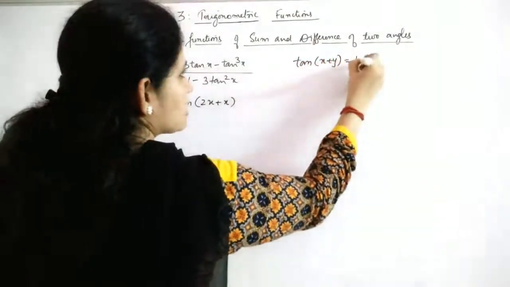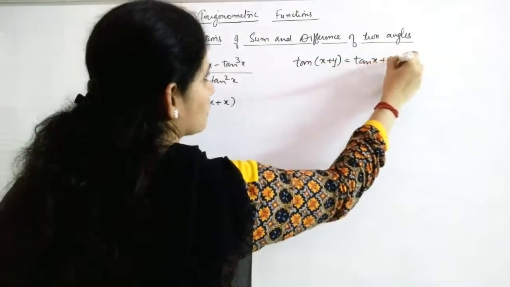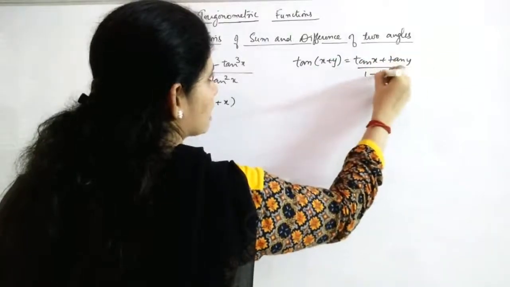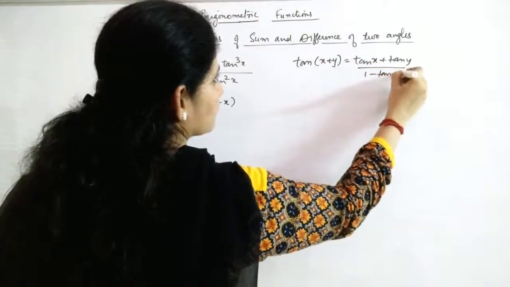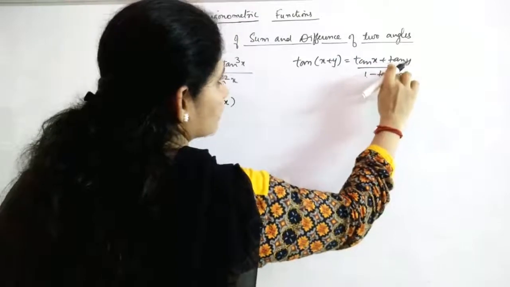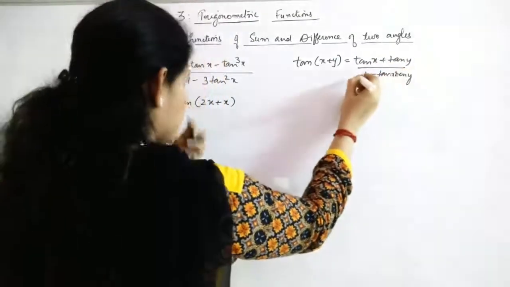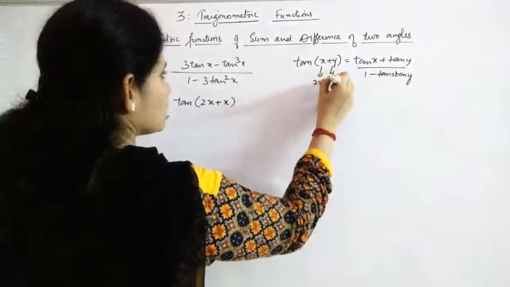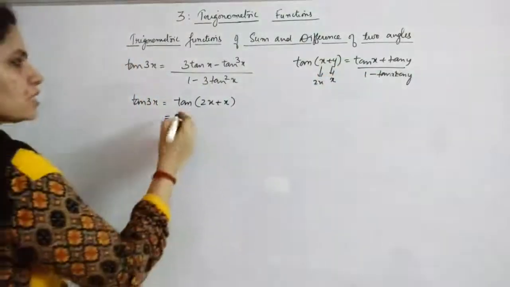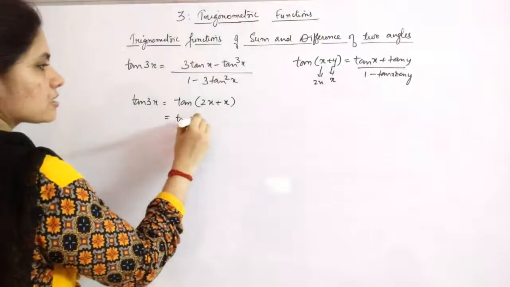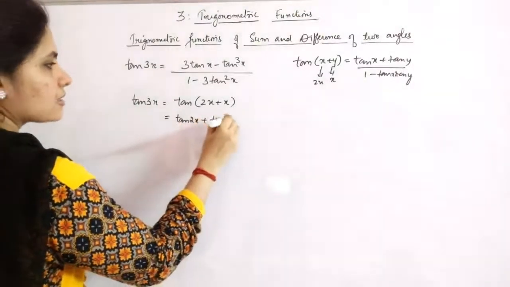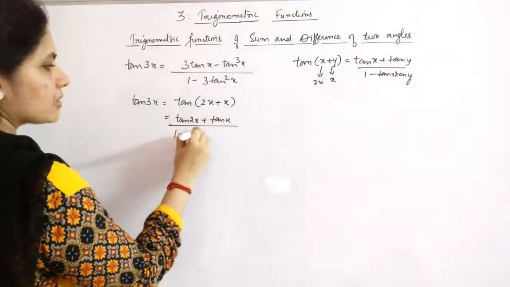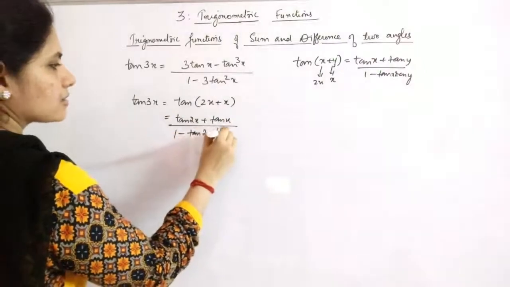Tan of x plus y is tan x plus tan y divided by 1 minus tan x tan y. Right? So we are replacing x with 2x and y with x in the formula. So what you will get is tan 2x plus tan x divided by 1 minus tan 2x tan x.